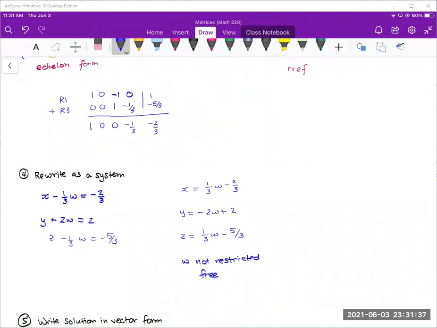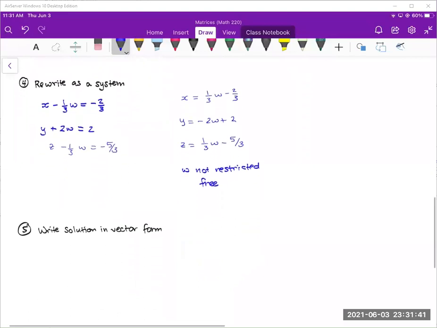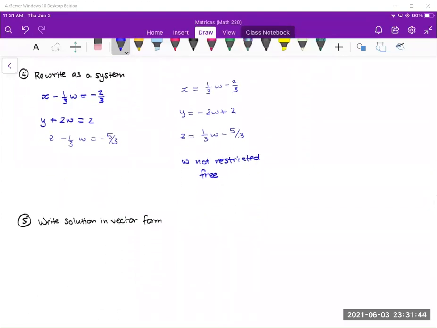Okay. So one final way of writing this is to write our solution in vector form. This just writes it as a four-tuple. So it just organizes it. So we have x, y, z, and w are going to be equal to 1/3 w minus 2/3, negative 2w plus 2, 1/3 w minus 5/3.